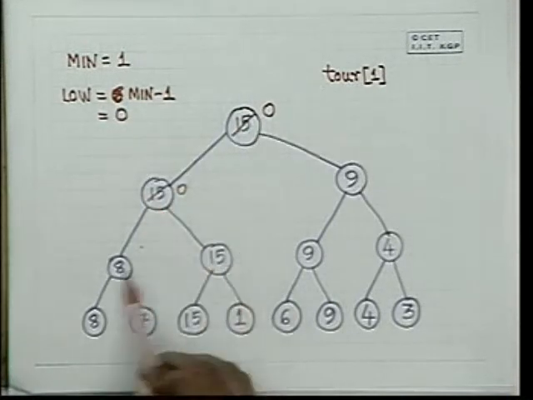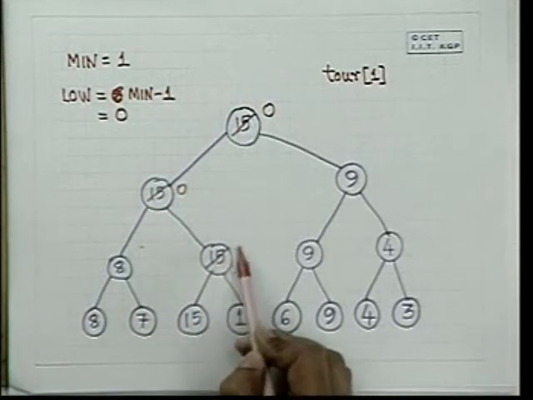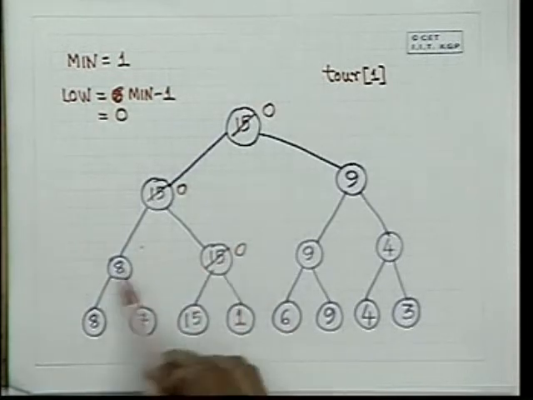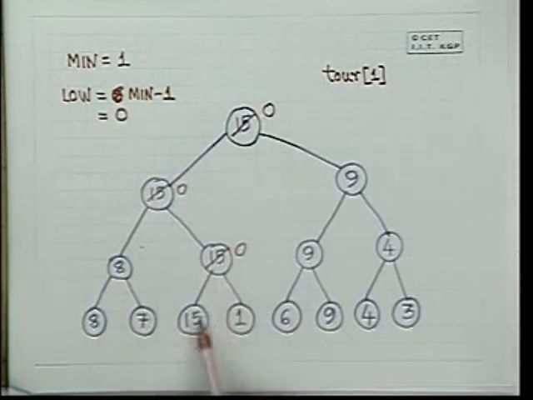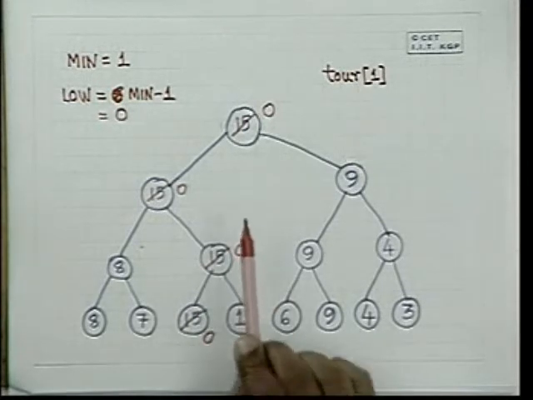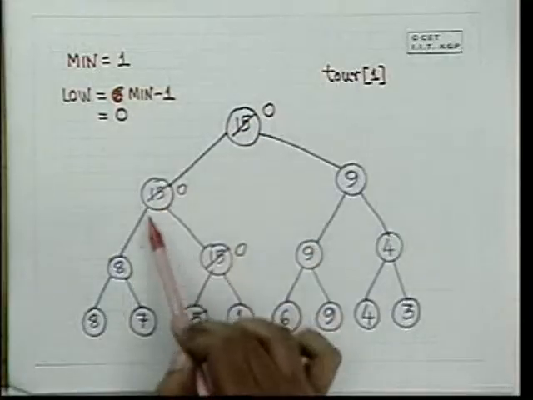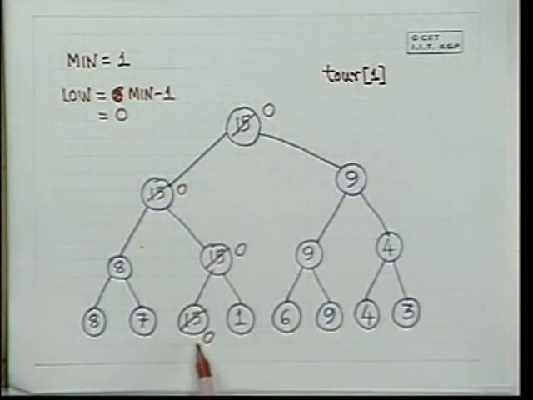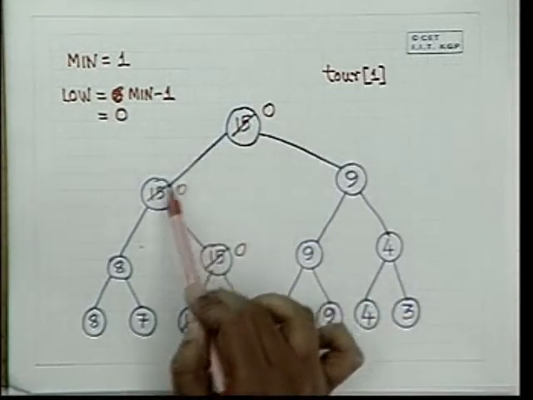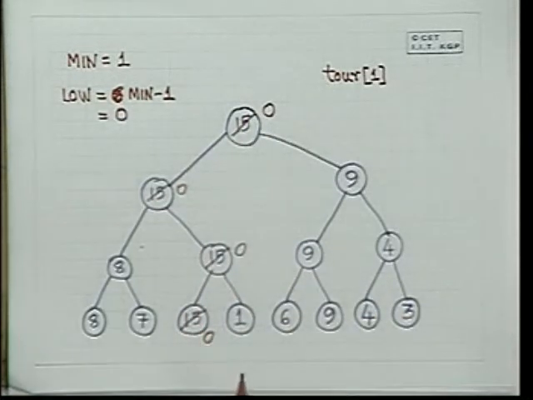Again we double this up, the larger of the two we assign to low. Again we double this up, the larger of the two we assign to low. So what we have done is, we have gone down, we have not found the second maximum, we have just gone down like this and come up to here, and when we came here we assigned all the numbers which were the largest element to 0.